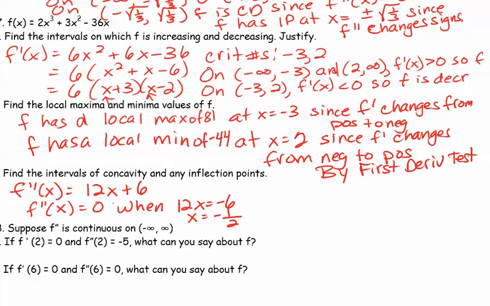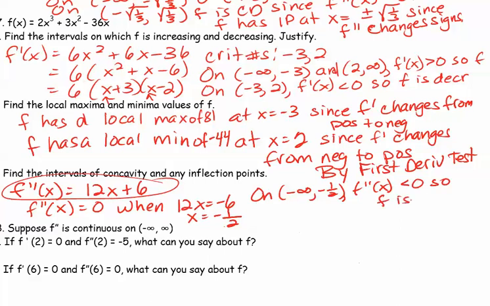So if we have a number smaller than -1/2, then our second derivative will be negative. So on the interval from -infinity to -1/2, f double prime of x is less than 0. So f is concave down, and on the interval from -1/2 to positive infinity, f double prime of x is greater than 0.